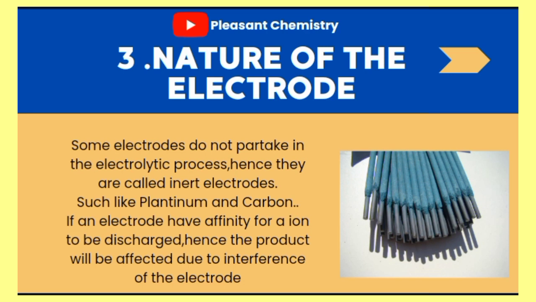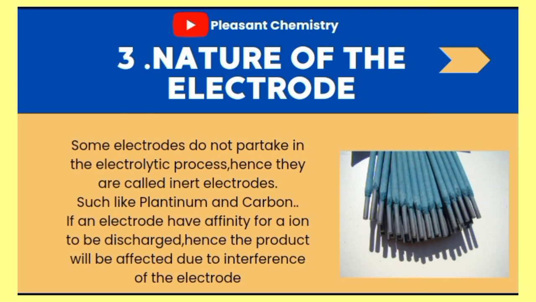But electrodes that have an affinity for the ions of the electrolyte, when you use such an electrode, it will affect the ions that will be discharged. Like electrolysis of copper(II) sulfate, and then you are using copper as the electrode. Definitely, the expected ions will not be discharged just because copper is also there.